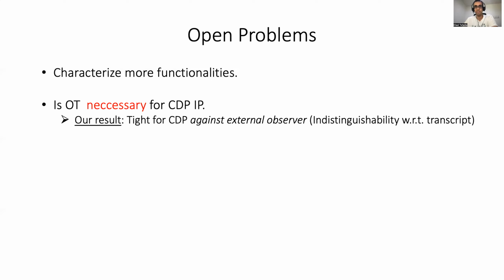Actually, our result is tight for a weaker notion of CDP called CDP against external observer, where the indistinguishability only holds with respect to the transcript and not with respect to the view of each party. While our key agreement lower bound also holds for the standard notion of CDP, the upper bound for this case is only OT, which might be the right answer.